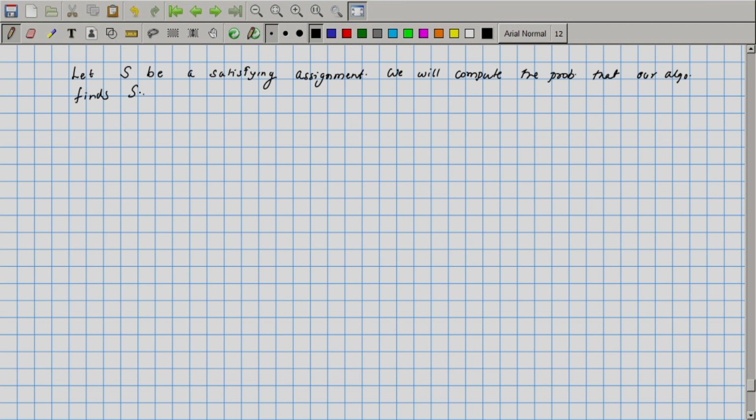But if we compute the probability that it will find this particular S, and that probability is high, that is good enough for us.